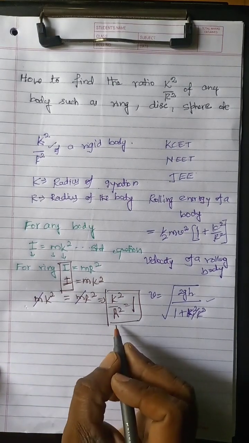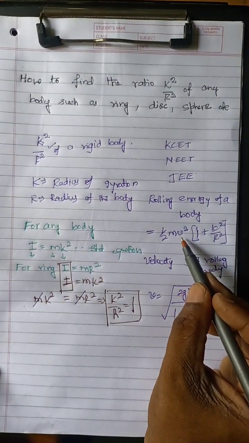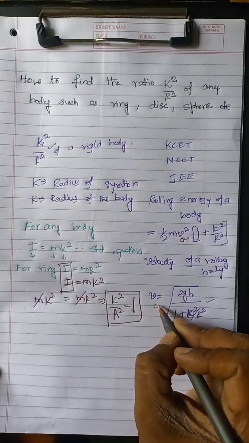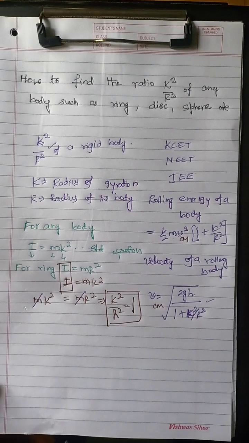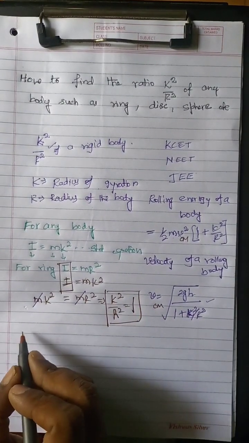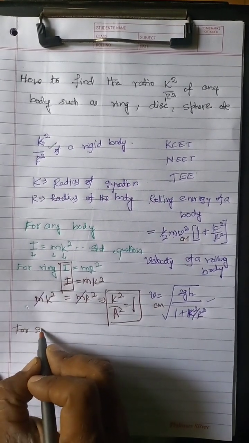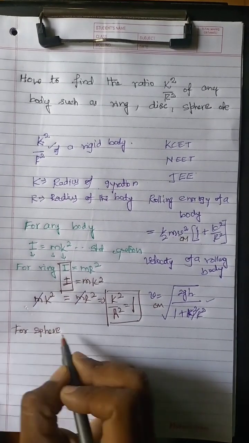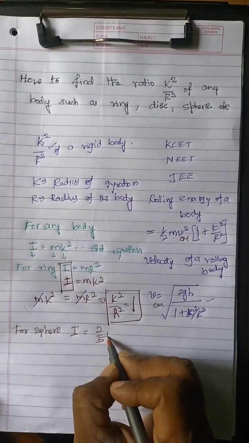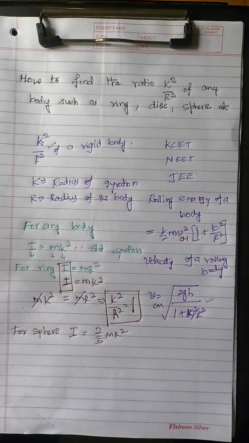The m value they will provide is the velocity of the center of mass. k square by r square for a ring is 1. Then for a sphere, I is equal to 2 by 5 mr square.